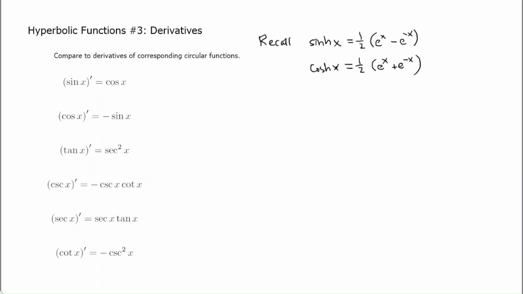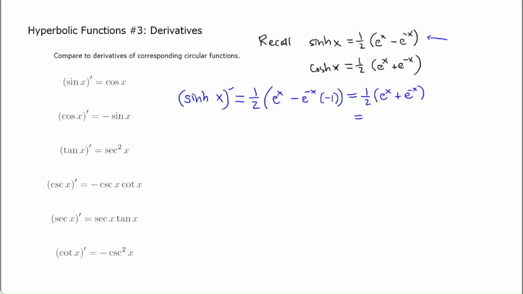So let's suppose we take the derivative of the sinh function. Just to save on some writing and time, I'll denote it like that. I'm going to take the derivative of this exponential version here. So I have 1/2. e to the x is its own derivative. e to the minus x is its own derivative, but we get a chain rule, -1 coming down there. So when we simplify this, we get 1/2 e to the x, minus minus makes a plus, so we get plus e to the minus x.